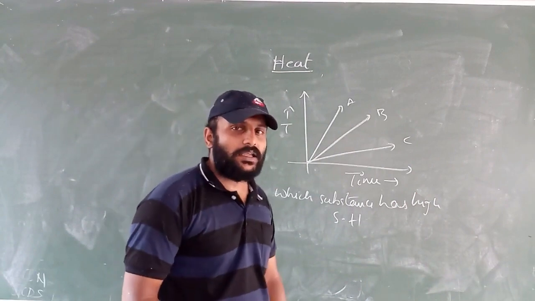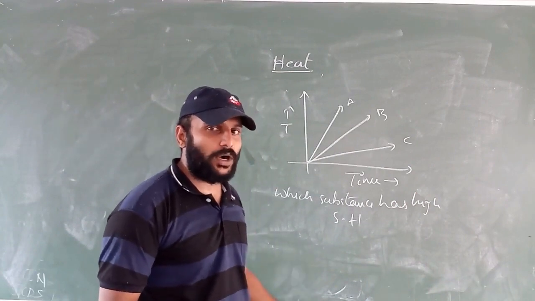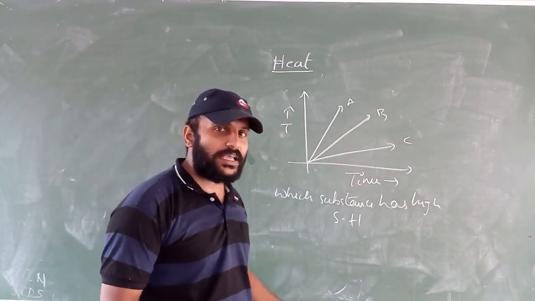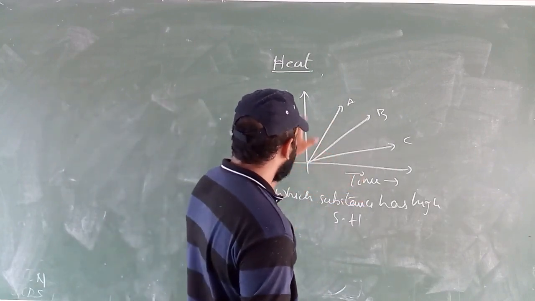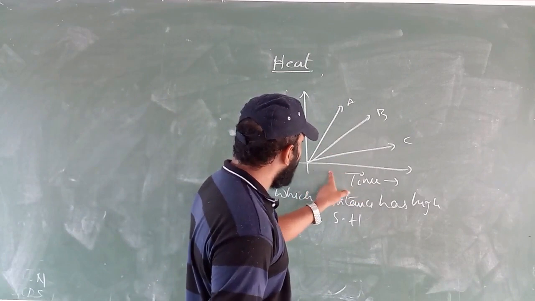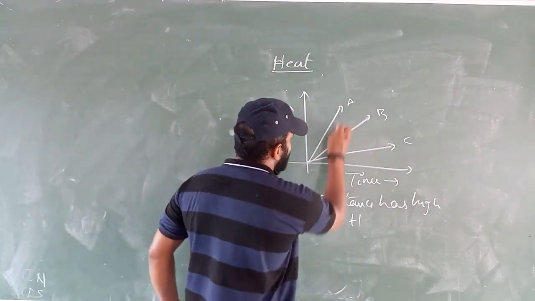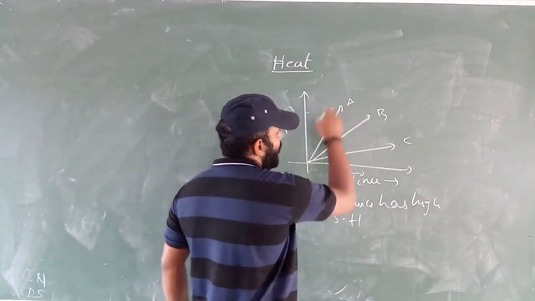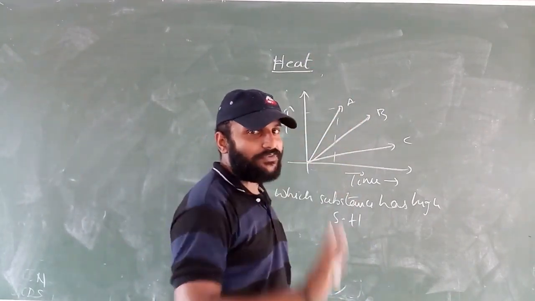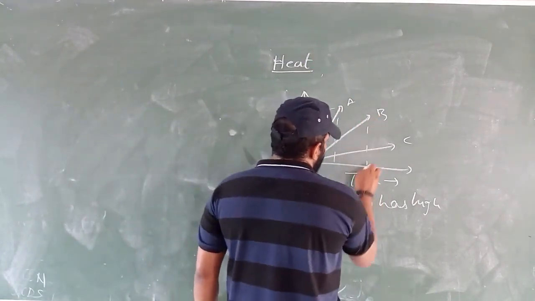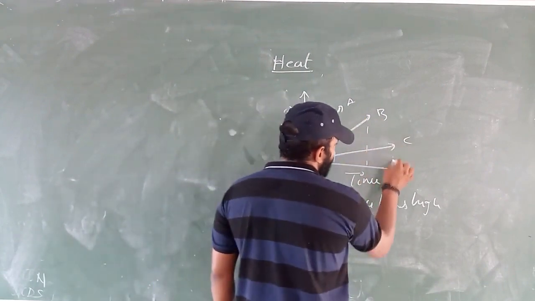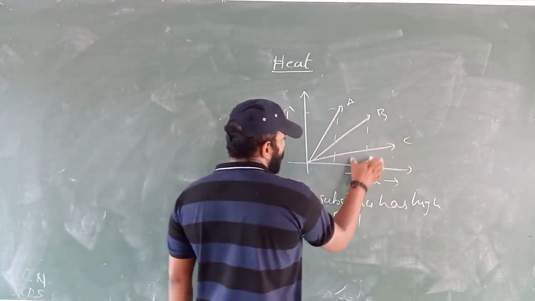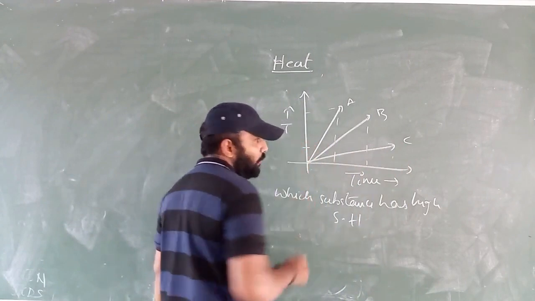Just now I said if a substance takes more time to change its temperature, it has high specific heat. If you observe here, A is raising its temperature very fast with less time. B takes some more time to rise in temperature. But C takes more time to rise, with a very small rise in temperature.